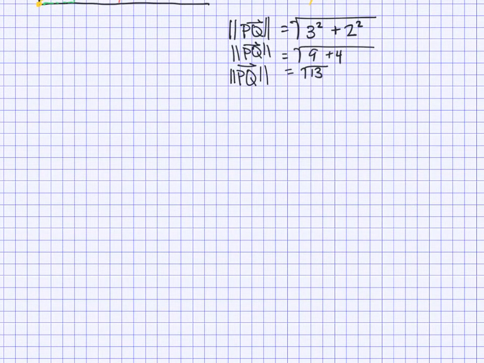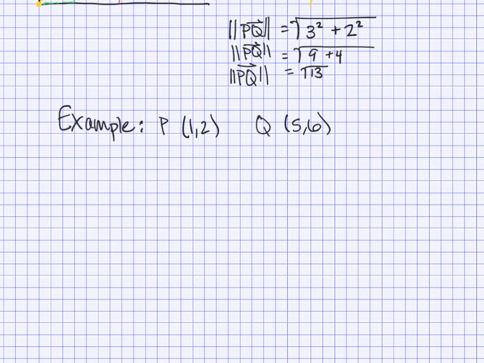So for our next example, I'm going to tell you that point P is this point right here. Q is this point right here. So if you would like to draw these points, you completely can find things that way.